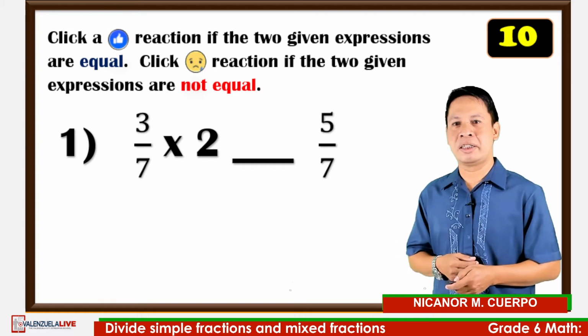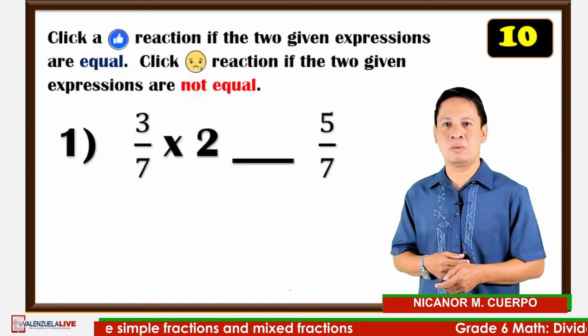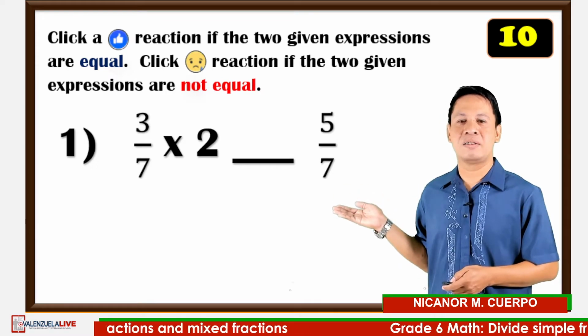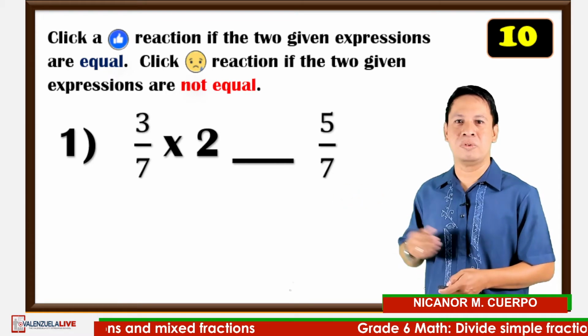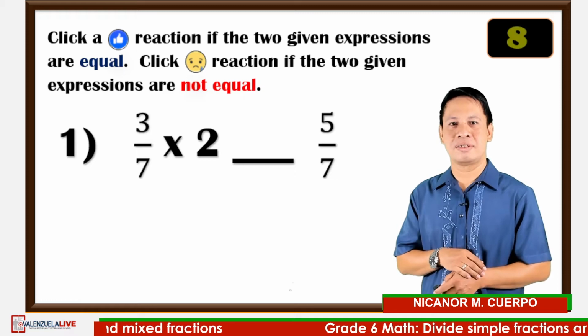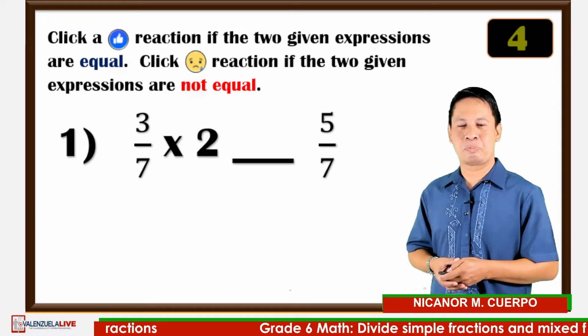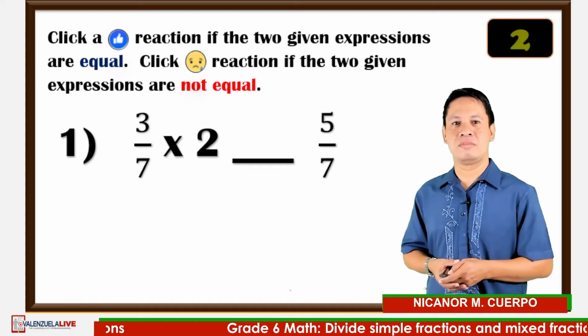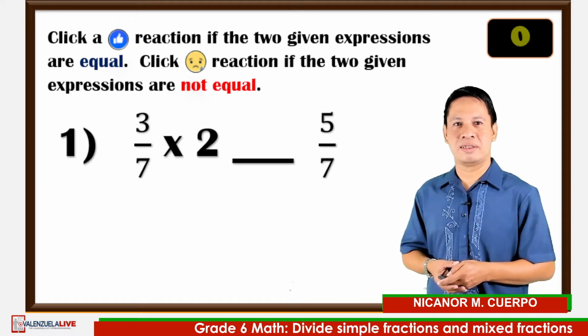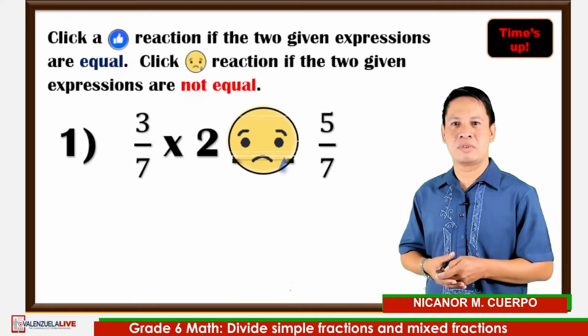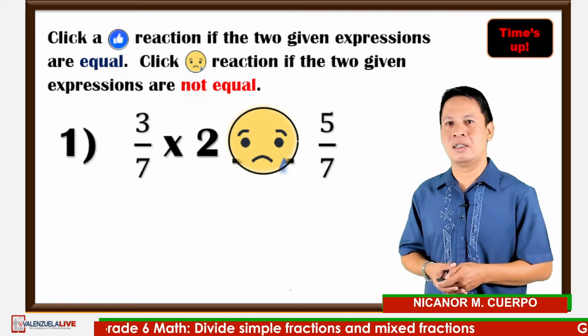Number 1, 3/7 times 2 blank 5/7. Is it like or sad? Go. Time's up. Let's check your answer. The answer is sad.